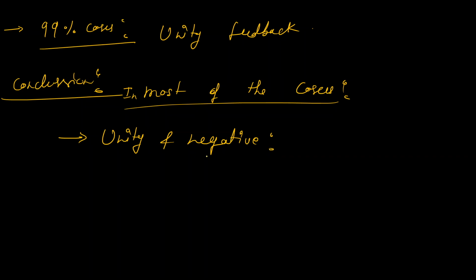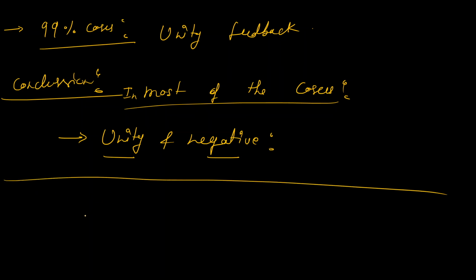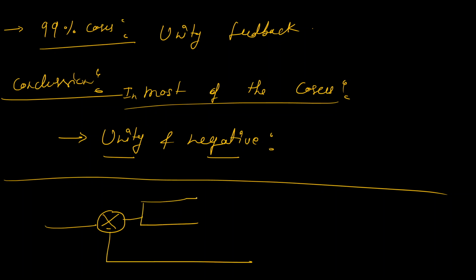First thing, our feedback should be negative, and second thing, our negative feedback should be unity. So our most adopted and most commonly used control system will be this negative unity feedback system, G of S. So this is our negative unity feedback system. This is positive.